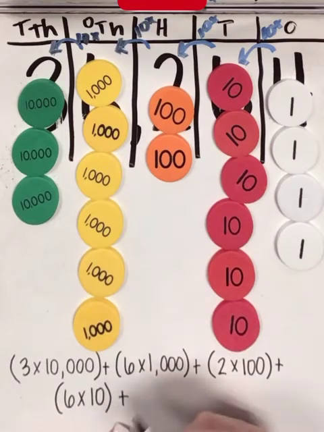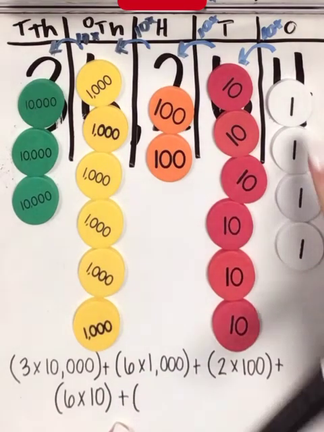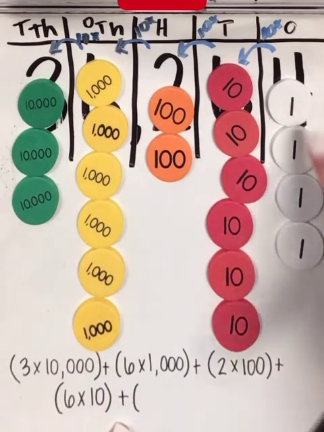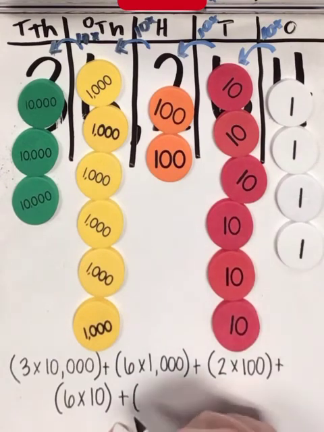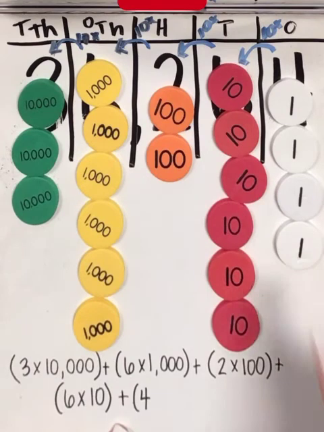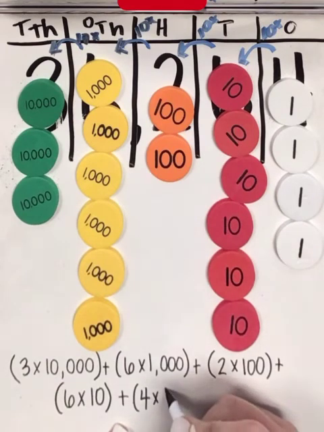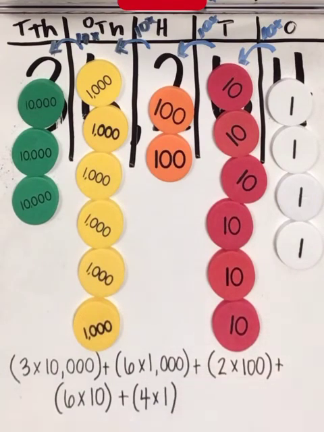And for our last one, we're going to do the digit, which is what is written, or how many discs you have. We have 4. So our digit is 4 by the value, and we're multiplying it by the value. The value of that one is just 1. Okay? So we used our multiplication sign here because we have 3 groups of 10,000.